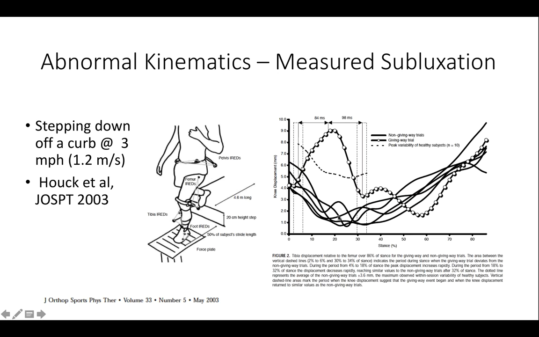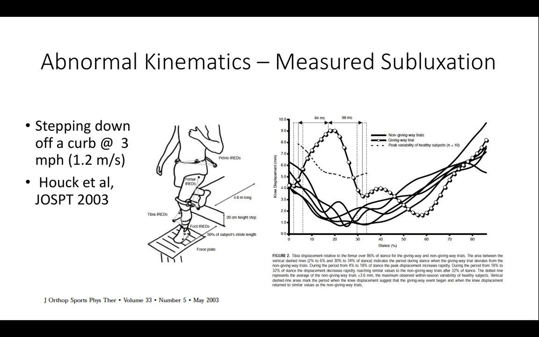The black lines are the trials where there was no subluxation. So we can see that the anterior displacement was less than 5 millimeters for the entire movement. But the subluxation trial, which is in circles, is clearly excessive in the anterior direction. And this was our key finding in this particular study. And so this is what a subluxation would look like.